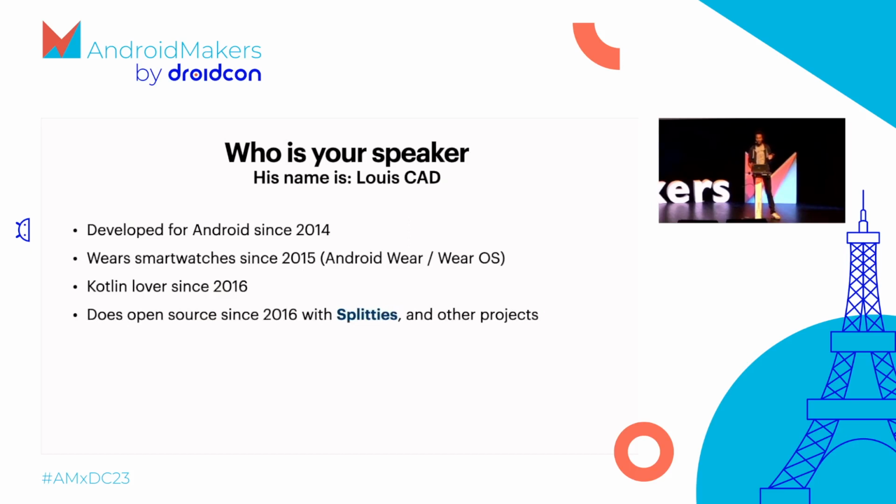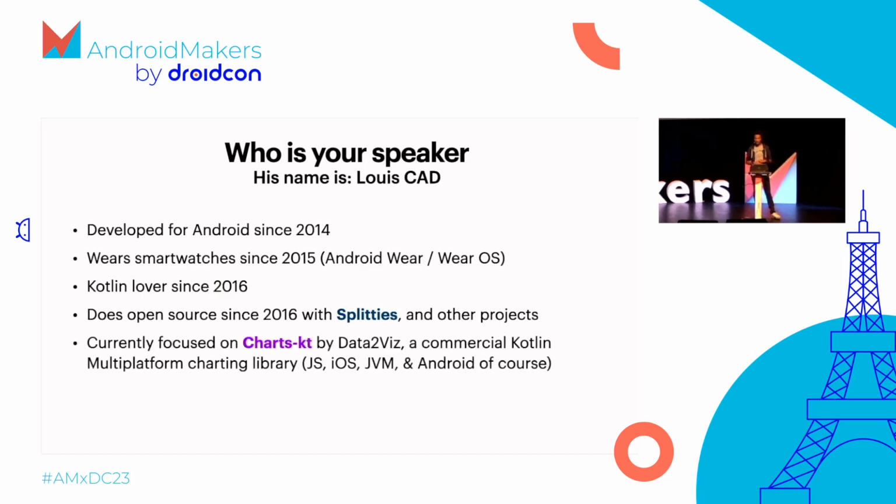Maybe some of you know refreshVersions, which is also something I'm contributing to. These days, I'm focused on ChartsKT, which is a Kotlin multi-platform library for charting that works on Android, iOS, the JVM, the browser as well. And also doing a bit of Wear OS, which is how I went on to giving this talk today.